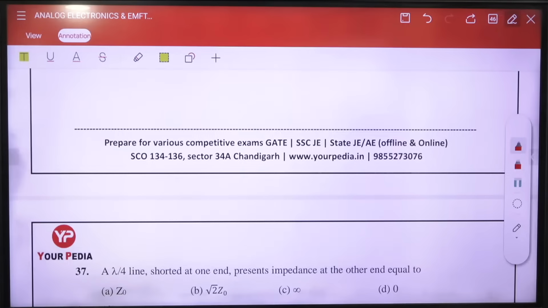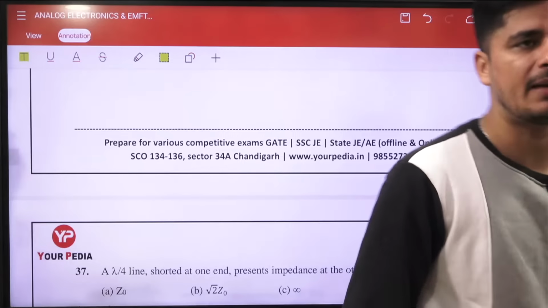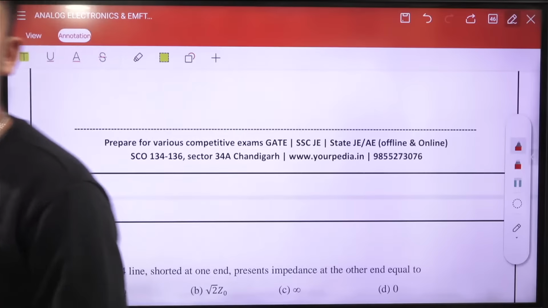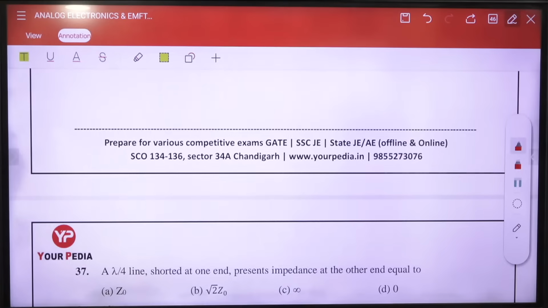Lambda by 4 line shorted at one end presents impedance at the other end equal to what? So basically he is talking about the short circuited lambda by 4 line input impedance.